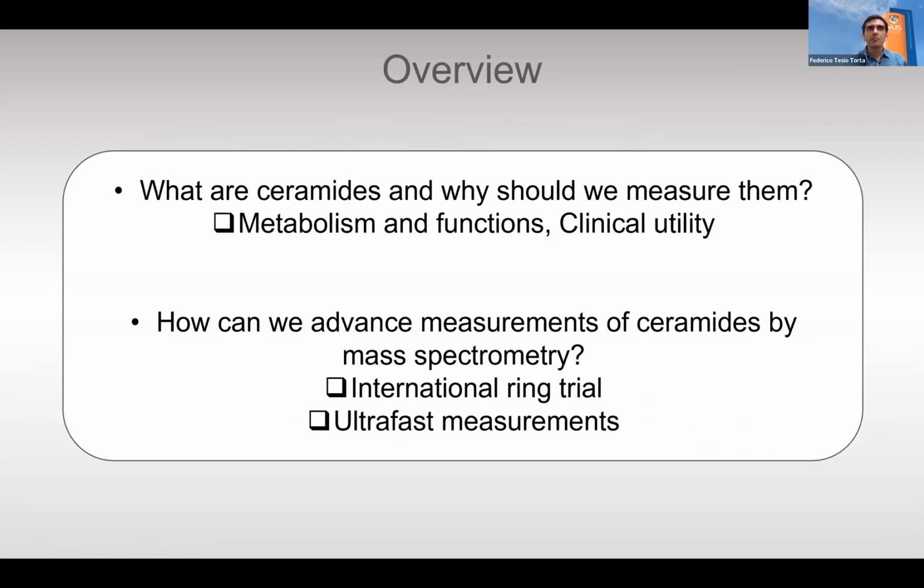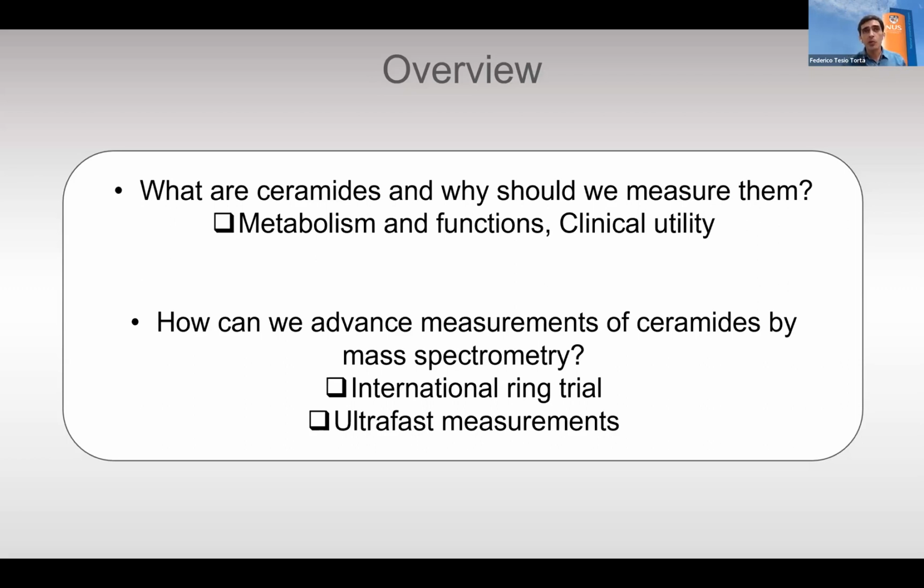Initially, I will just explain briefly what ceramides do and what their function is, and also why it is important to measure them from a clinical research point of view.